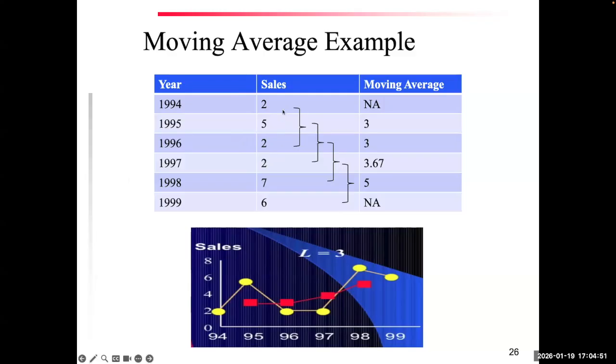Doesn't matter. You can do that. Okay. Then for 1995 it will be null because then you don't have 2 previous values. But for 1996 it would be the average of 5, 2, 2, 2, right?